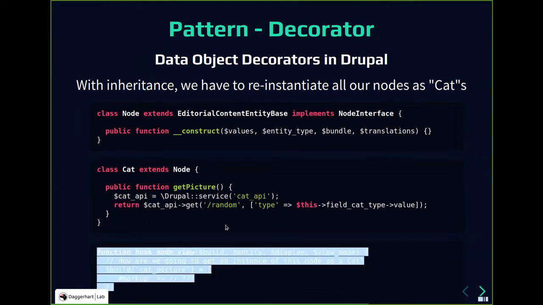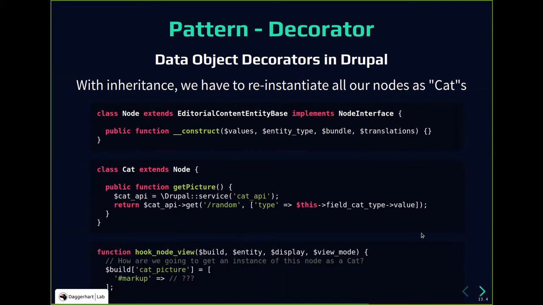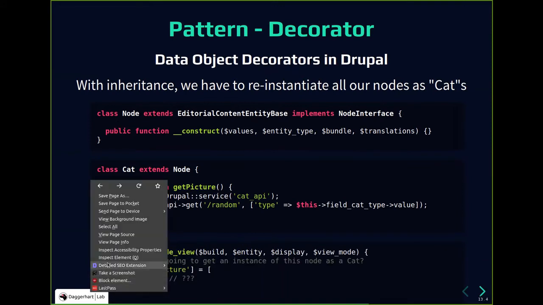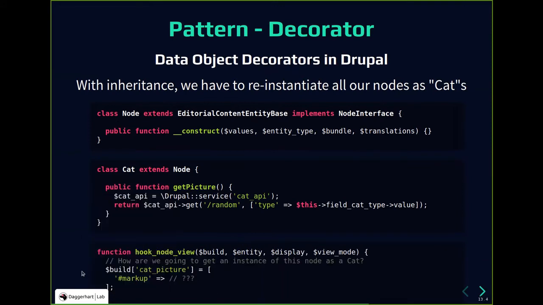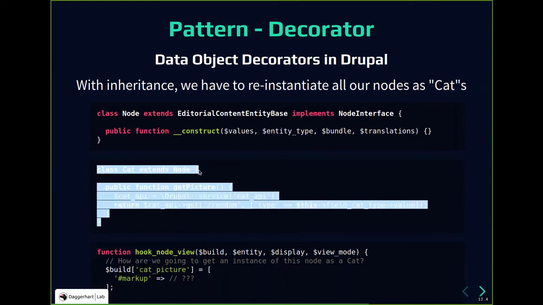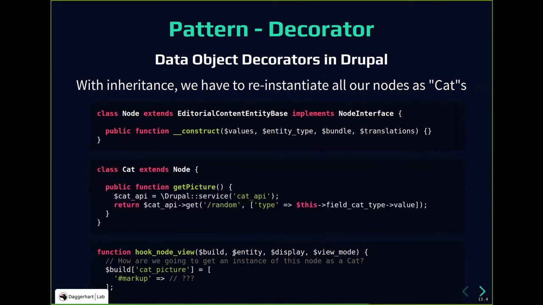And then let's get back to our example where we're in the hook node view. We've gone with this inheritance approach, and the entity comes into hook node view and it's already built. So what are we going to do? How are we going to run get cat picture?